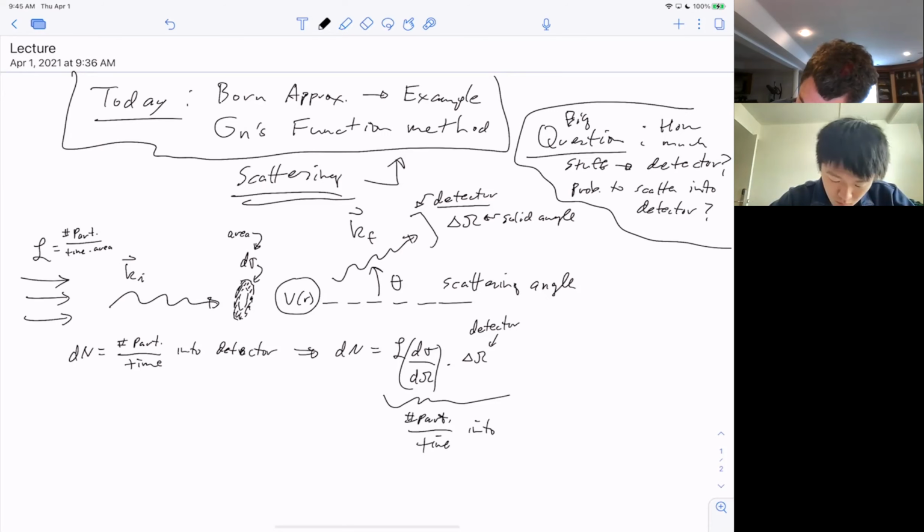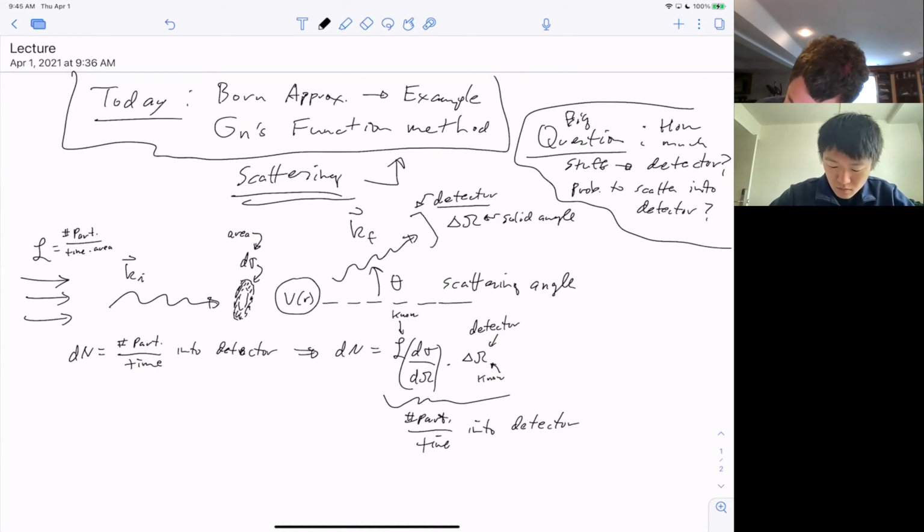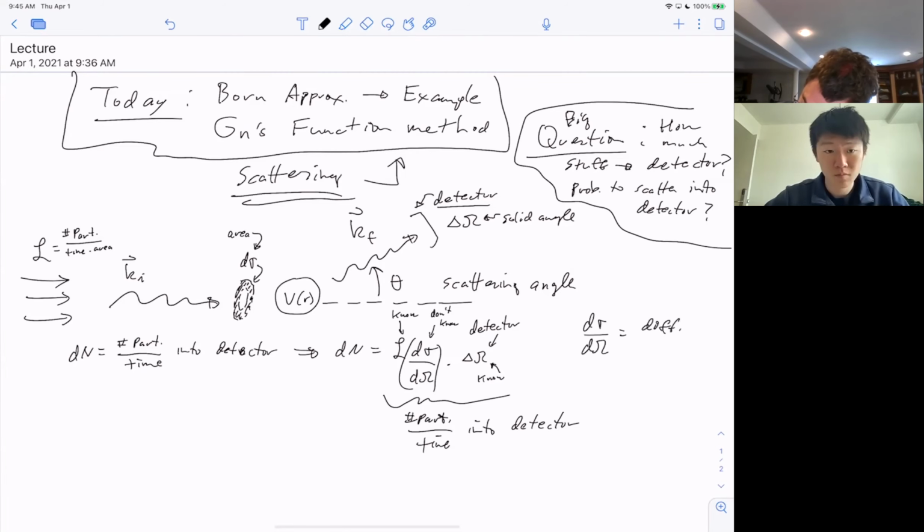I know the luminosity, L, because that's the particles I shoot at the potential. I know my detector because I built it painstakingly over a period of years and for a lot of money. The only thing we don't know is this weird quantity, the ratio d sigma over d omega. That's what we get using quantum mechanics: d sigma d omega, the differential cross section.